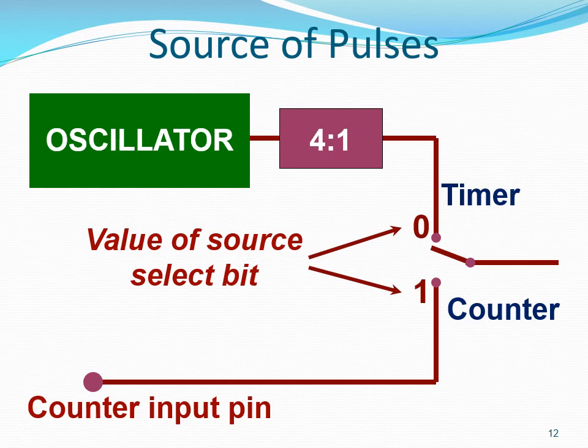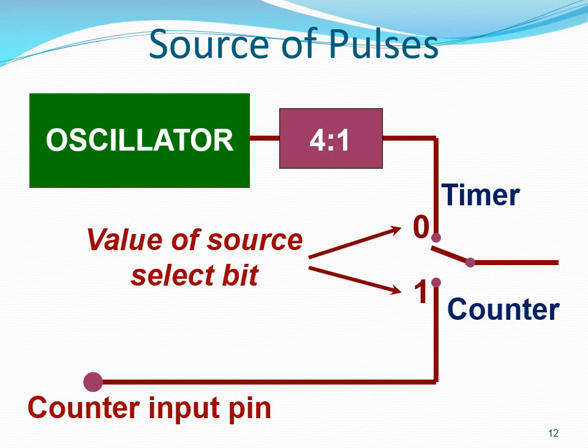In the PIC 16F877, the clock frequency is divided by 4 to give a single counting pulse. In other words, the timer increments after every 4 clock cycles.